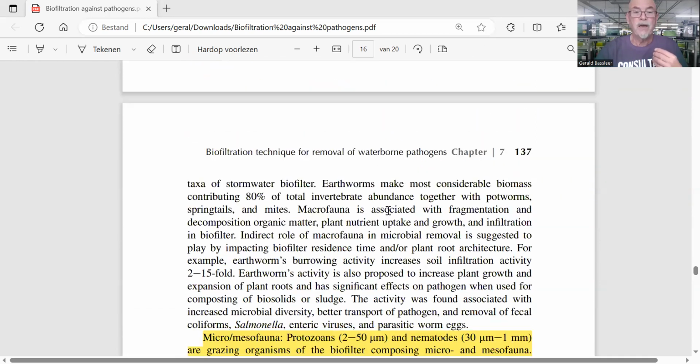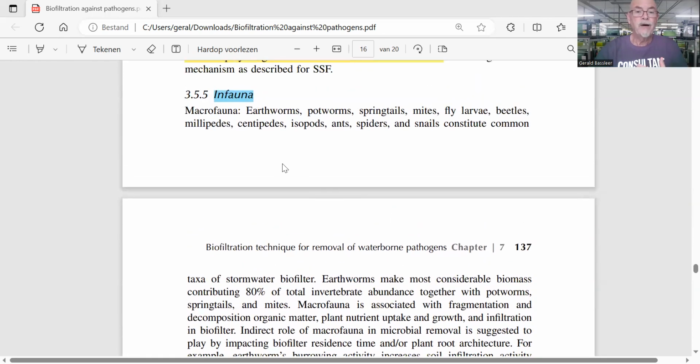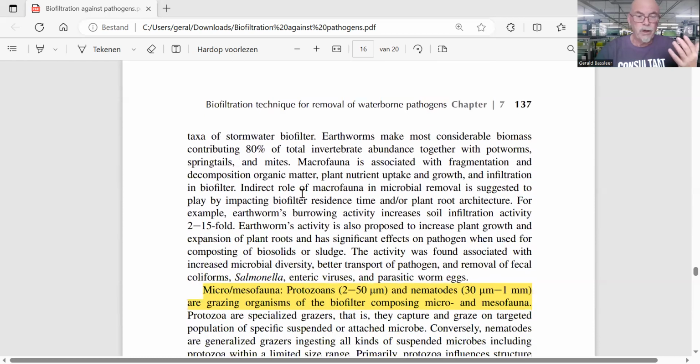Think about that. The infauna, well, we don't have that much. Yeah, sometimes little worms, micro and mesofauna, protozoans, and nematodes in your filter are a type of grazing organism in the biofilter, and they compose the micro and mesofauna.